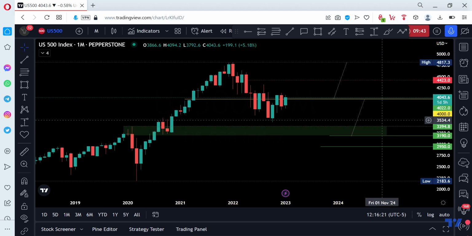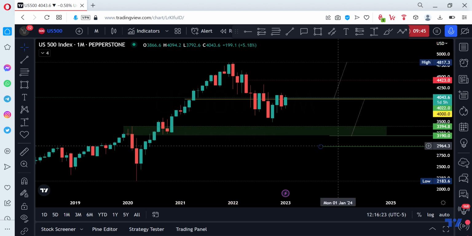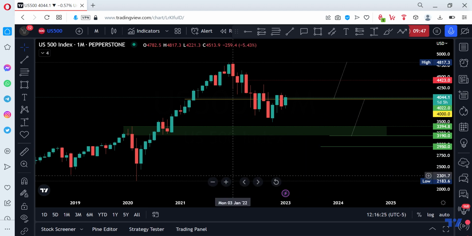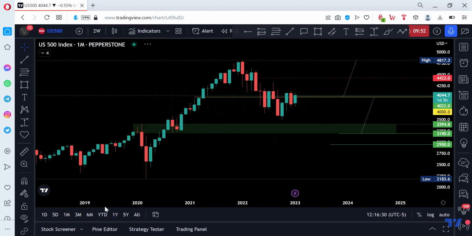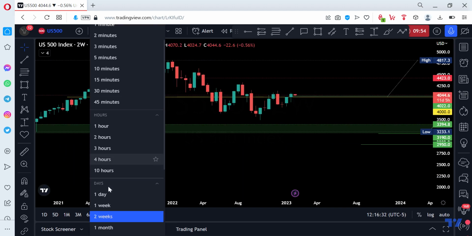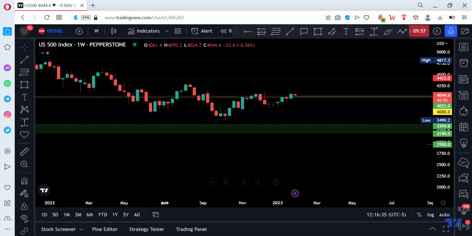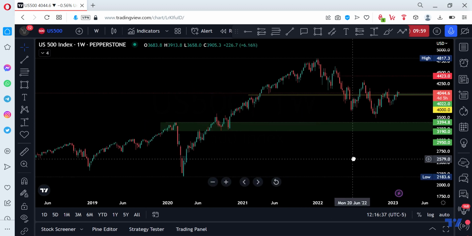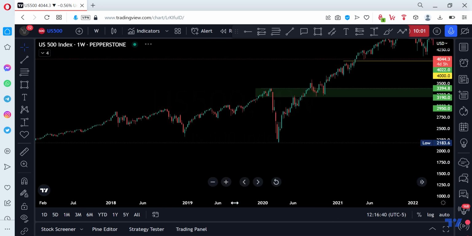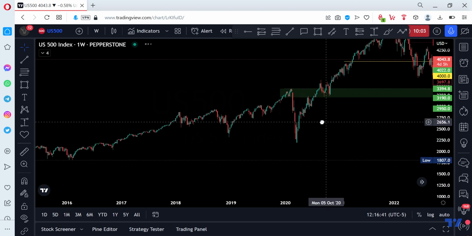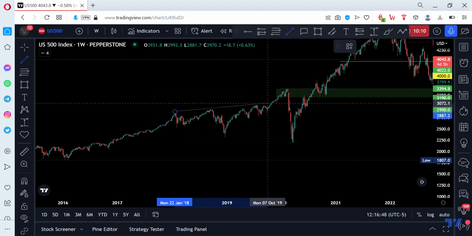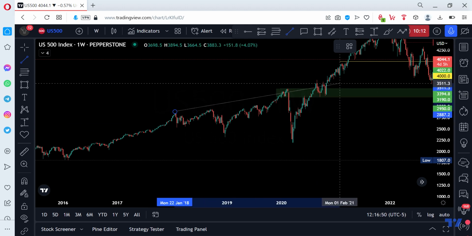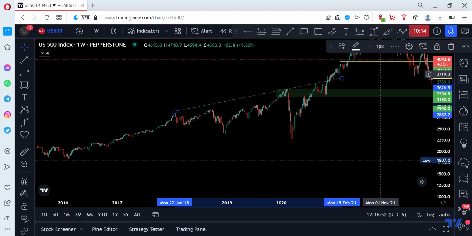All right, so why do I have this here? Let me look at the weekly. I think that's why I placed it there. I want you to watch this very closely. What we have here is price made a high, then a low, and then a high. What is that? That's an extended triangle.